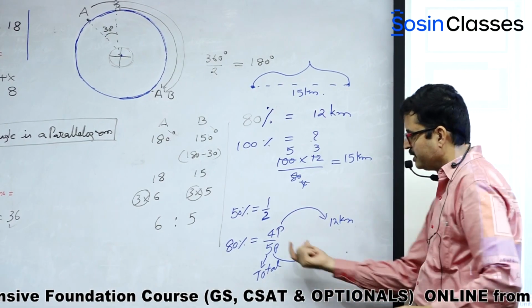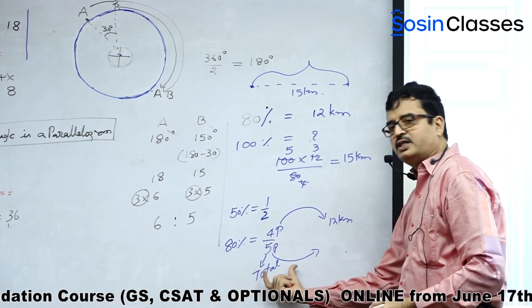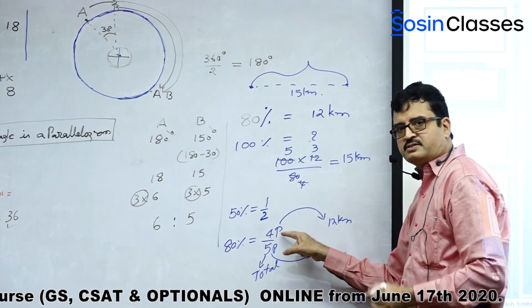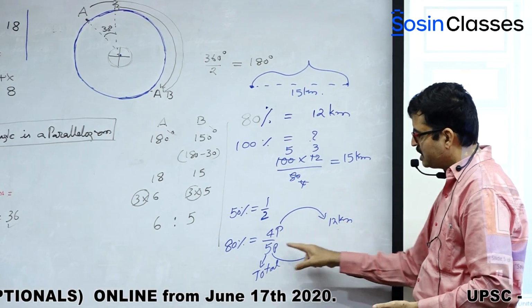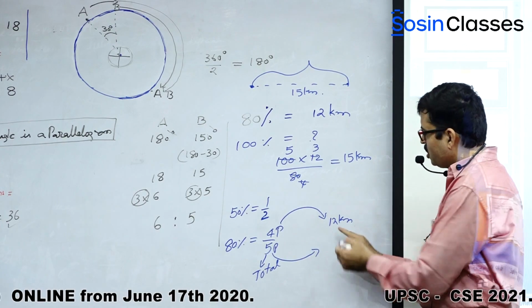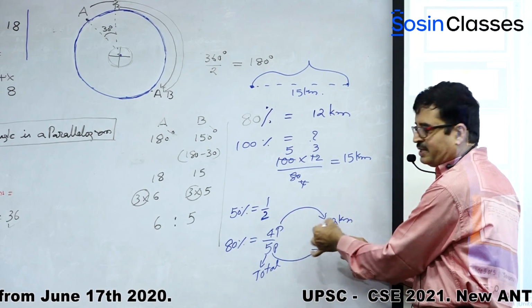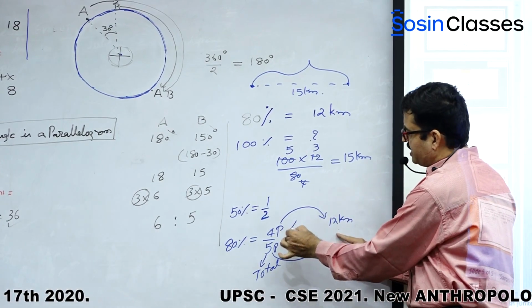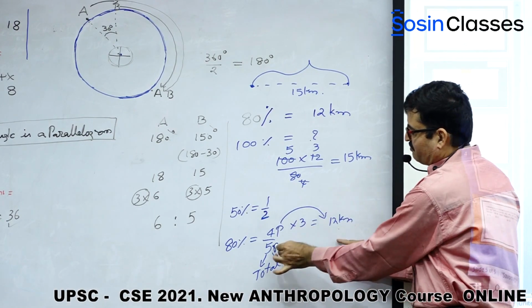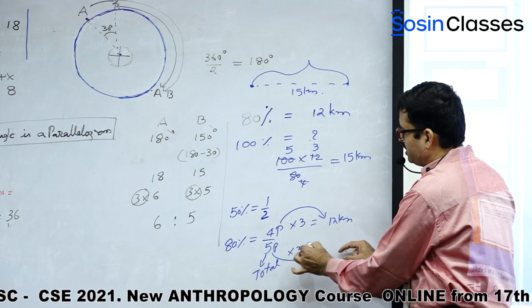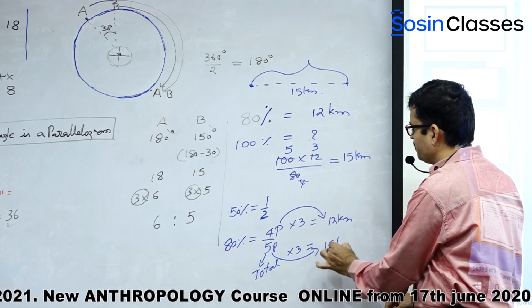Because 5, the denominator, represents the total distance, whereas the numerator represents the distance she covered. So 4 parts is equal to 12 kilometers, 5 parts is equal to how much? Now, in order to get 12, with which number do I have to multiply 4? Can you say 3? 4 into 3 is equal to 12. In the same way, 5 into 3 is equal to 15 kilometers.